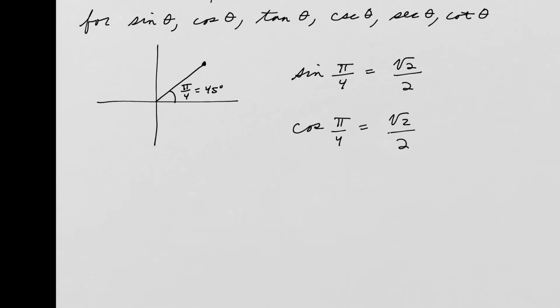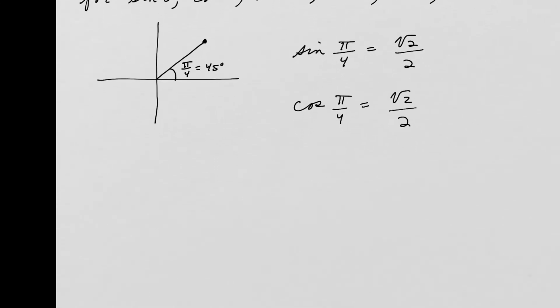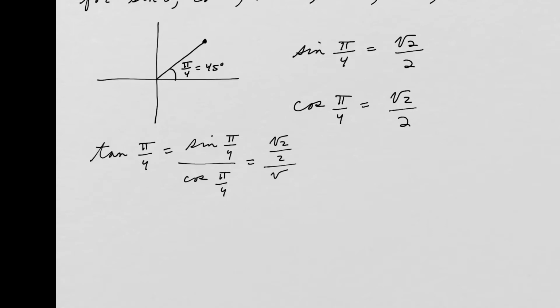So if I want to know tangent of pi over 4, well, that's going to be, by definition, sine of pi over 4 divided by cosine of pi over 4. So in this case, this is radical 2 over 2 divided by radical 2 over 2. There's a couple ways you can think about this, right?